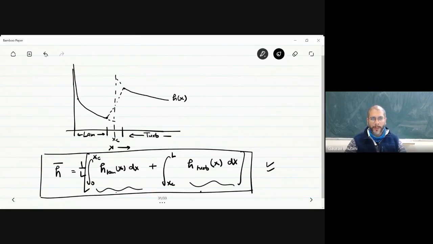So let us say that our aim was to maximize the heat transfer, the loss of heat from a plate. So to do that, let us say you had a choice as to where this x critical would be. Typically the Reynolds number, which we call Re x critical, is 5 into 10 to the power 5. So this Re x critical, we write as Re x comma c.